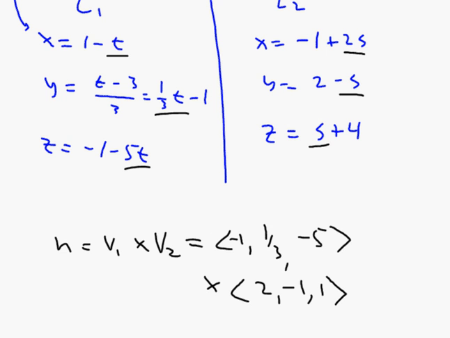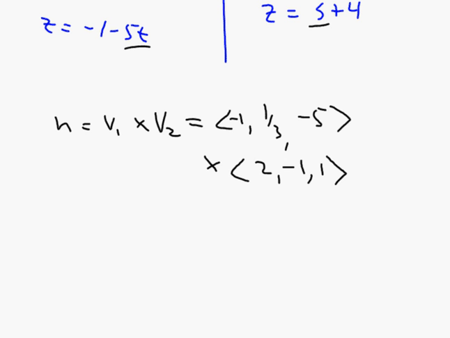If I cross those, I'll get the normal vector to either plane. So that's what we're going to do next. All right, cross products. Here we go: i, j, k, -1, 1/3, -5, 2, -1, 1. I put commas in there for some reason. All right, let's work this out.